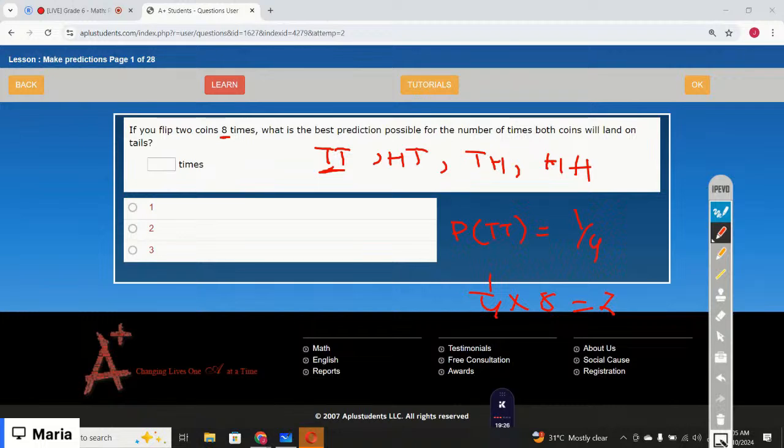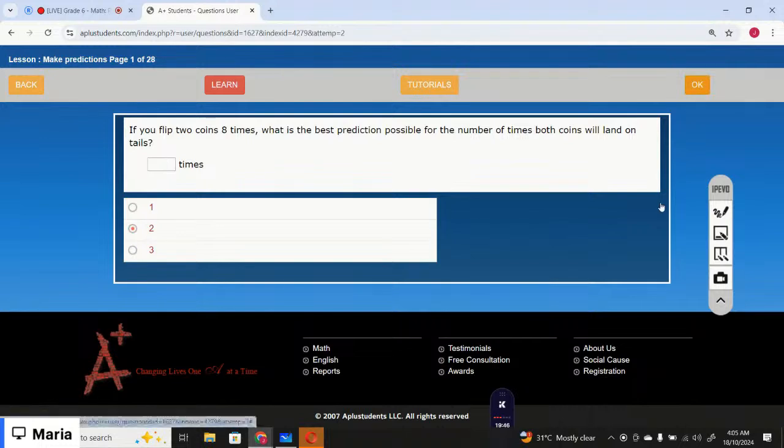So that means if you flip, the best prediction is 2 times it will land on tail and tail. The correct option is option number 2. Got it?